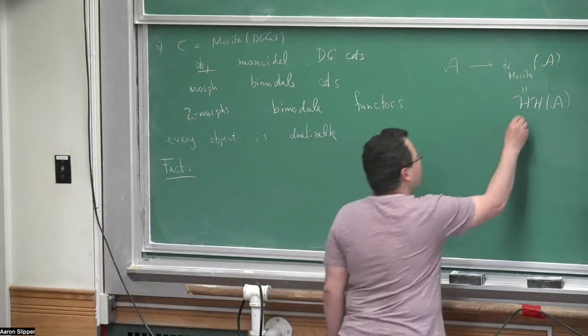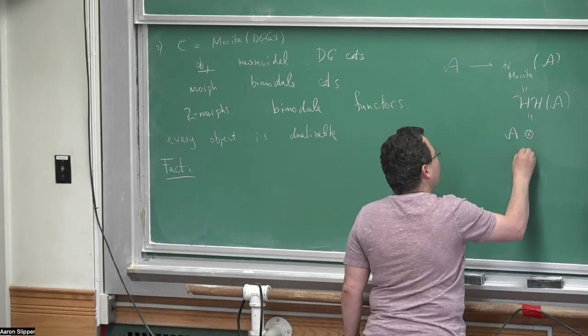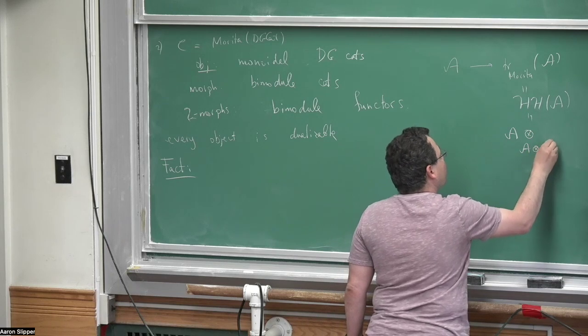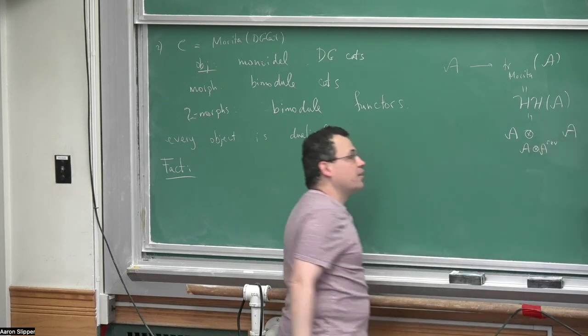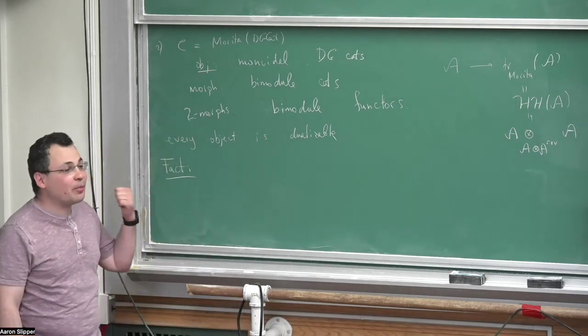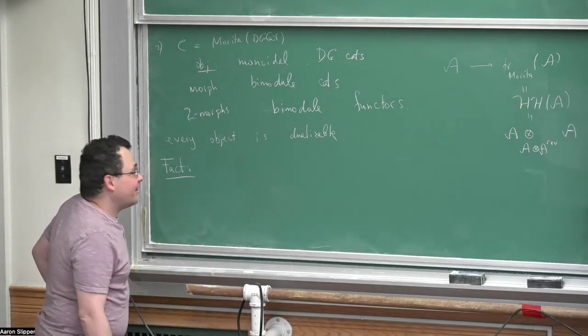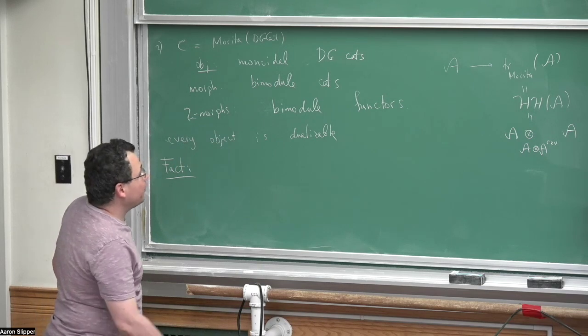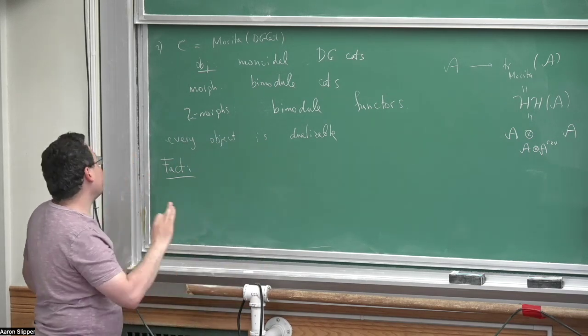So this is literally A tensor A tensor A, writing rev for reverse multiplication, not to be confused with the opposite category. Okay, so that's what that is.